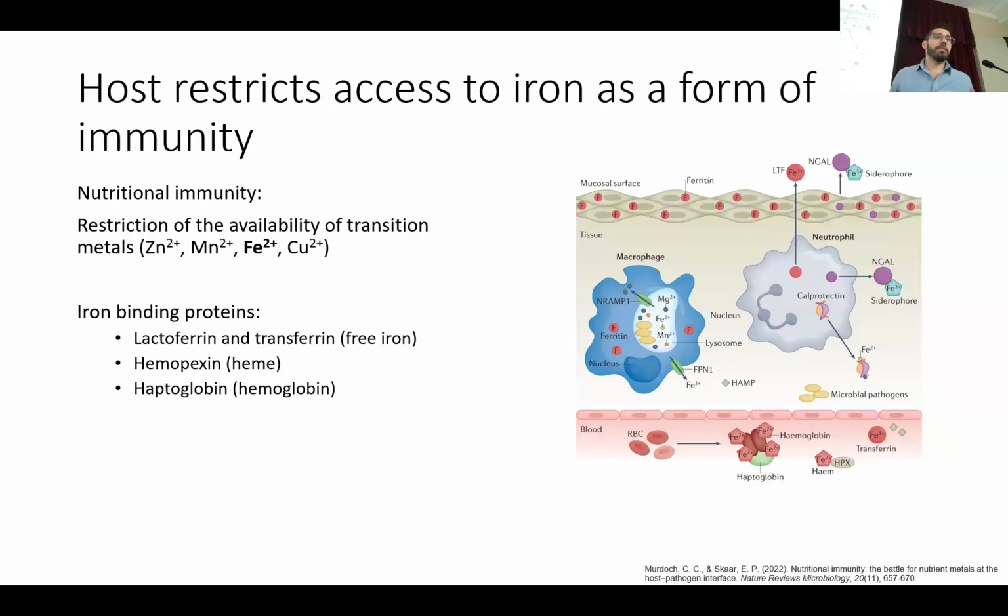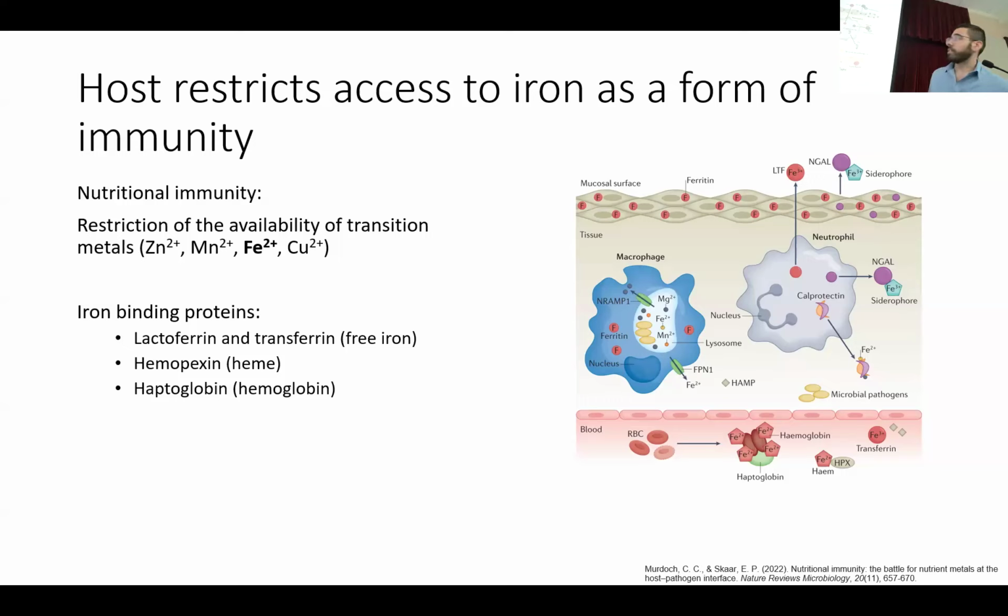One of those stresses that Staph and other pathogenic bacteria face during infection is a limitation of metal ions, such as iron. And this limitation is actually on purpose and mediated by the host using a wide variety of different metal acquisition systems. It does all this to prevent bacterial proliferation.